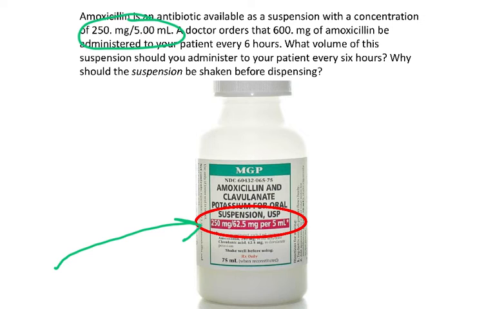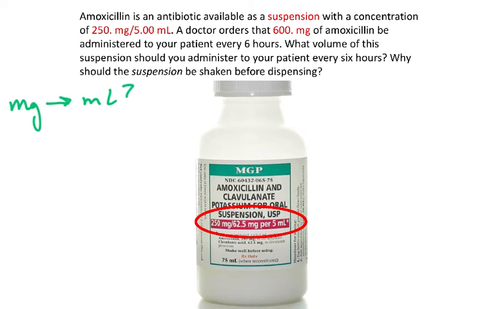And then we'll come back to the second question next. So once again, let's highlight the important parts of this text. We have the fact that it's a suspension, and we have the concentration and the mass that we are wanting to give our patient. This time we're going from the milligrams that we want into how many milliliters this should be.